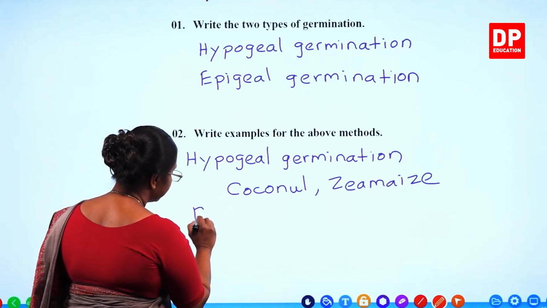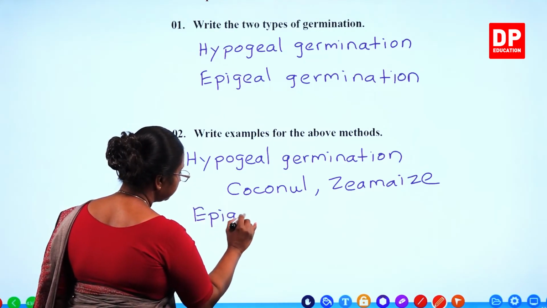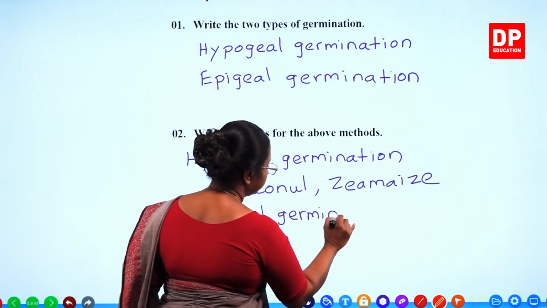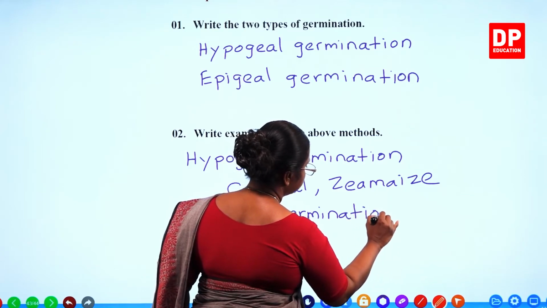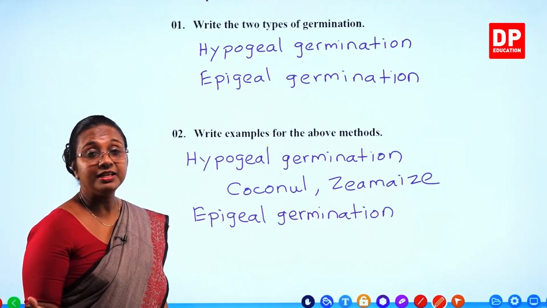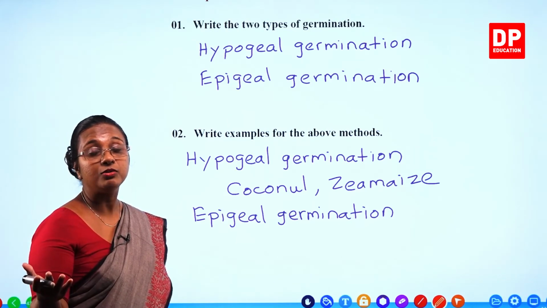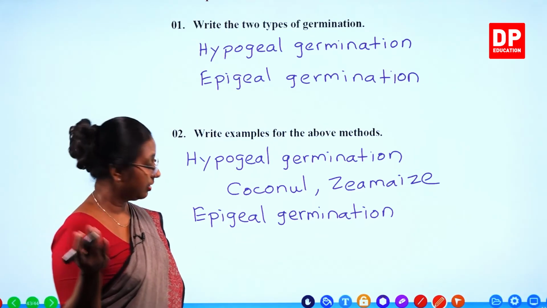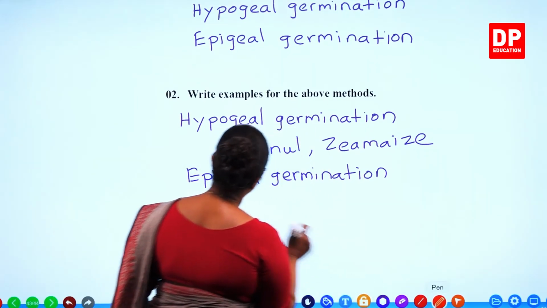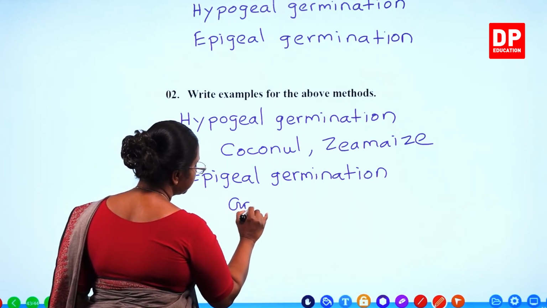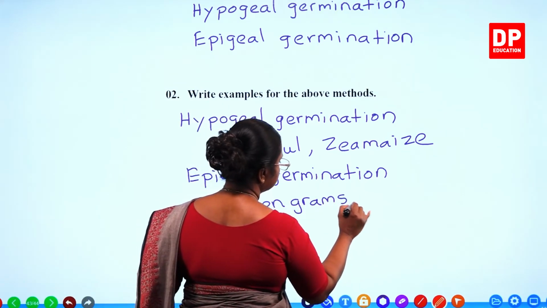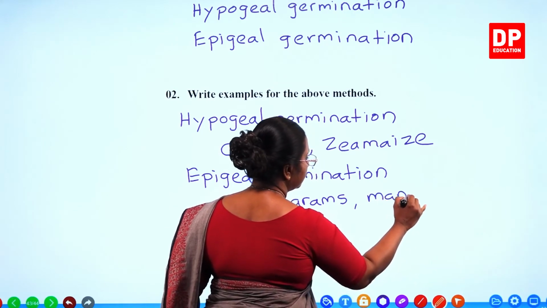Then epigeal germination. What are the examples? You all can write green gram, even mango, any dicot plant. Green grams, mango.